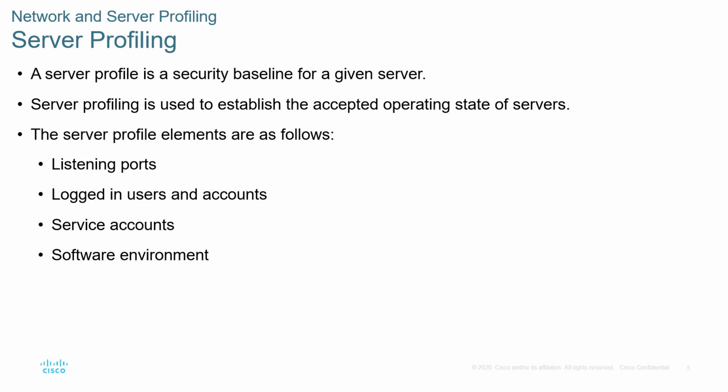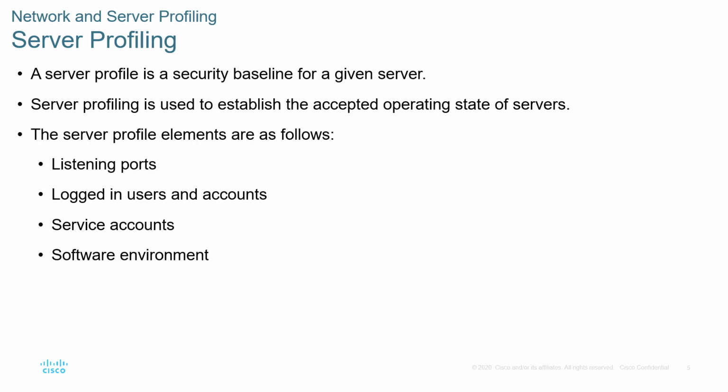If we're dealing with a web server, for example, we know there's going to be a specific set of applications running for that server, whether it's Apache or IIS or Nginx. There's going to be a very specific environment based off of the type of data going to and from that server.